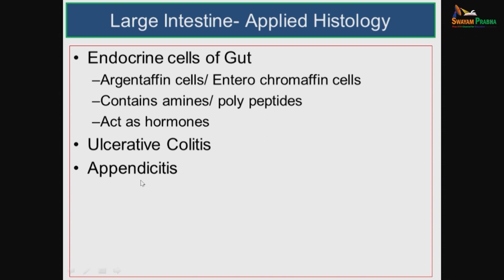Inflammation of the vermiform appendix is again one of the important clinical conditions seen in the large intestine. It is called appendicitis. We will see in the next slide the histological feature of the appendix. Any inflammation of the appendix, if it is acute, has to be immediately removed surgically.